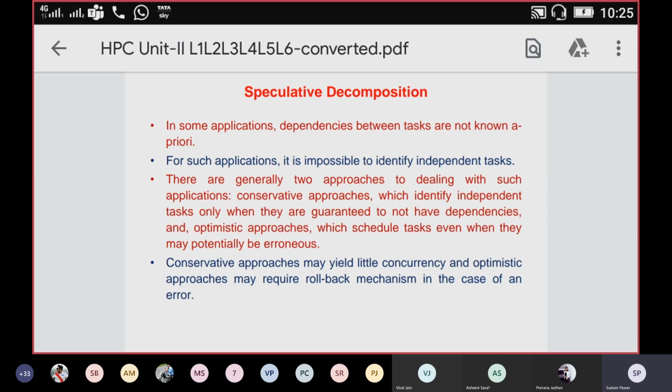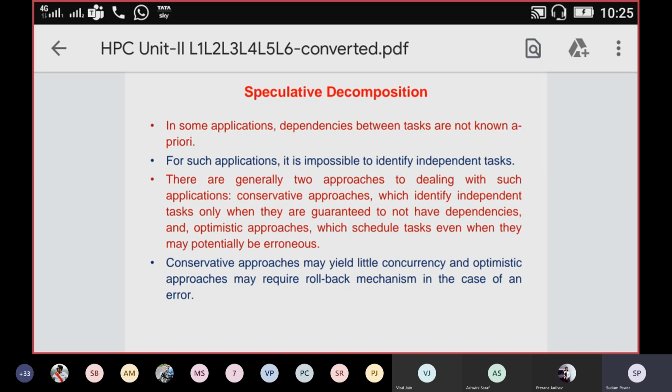Whereas the second approach is the optimistic approach, which schedules tasks even when they may potentially be erroneous. If tasks are found erroneous during the computation, there is one alternative: to roll back those tasks.